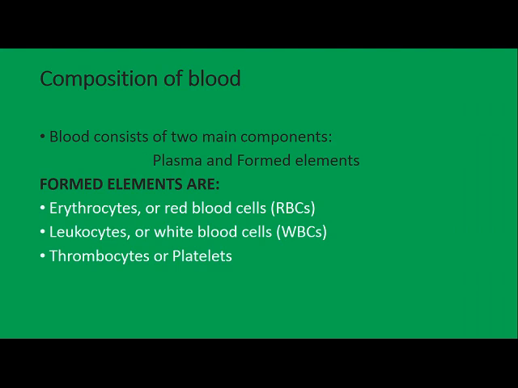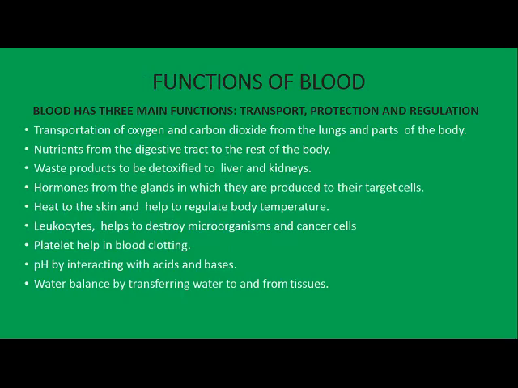So, the blood consists of two components, that is the blood plasma and the formed elements. The formed elements include RBC, WBC, and the blood platelets. RBC or the red blood cells are also called erythrocytes. White blood cells are also called leukocytes, and the blood platelets are also called thrombocytes.